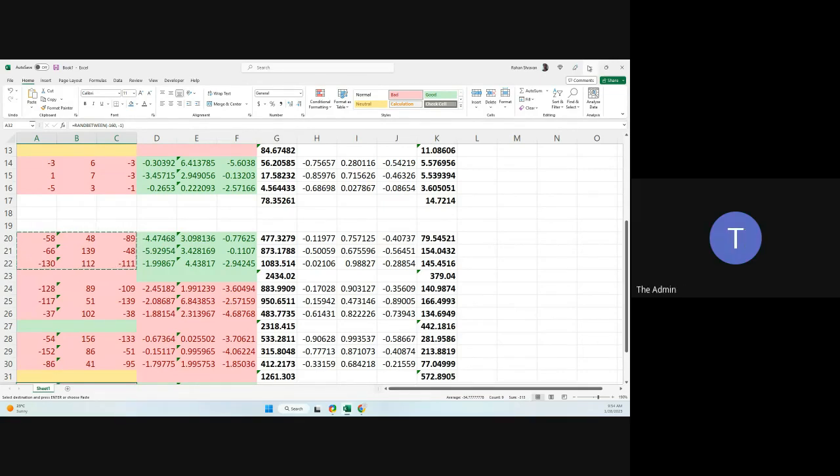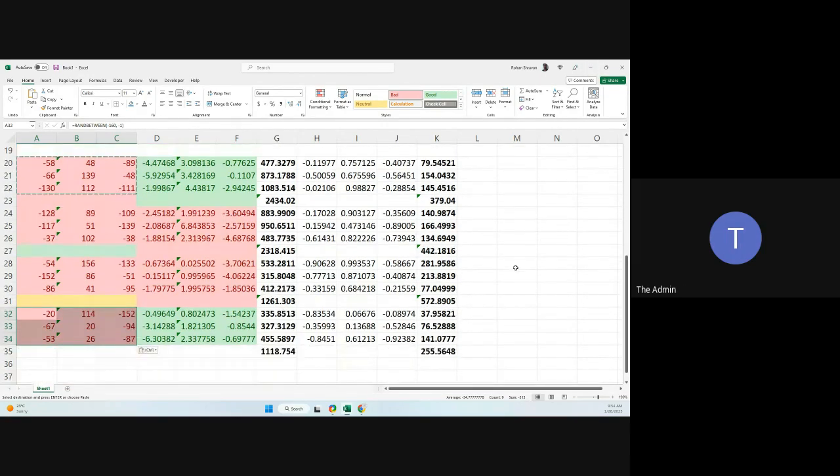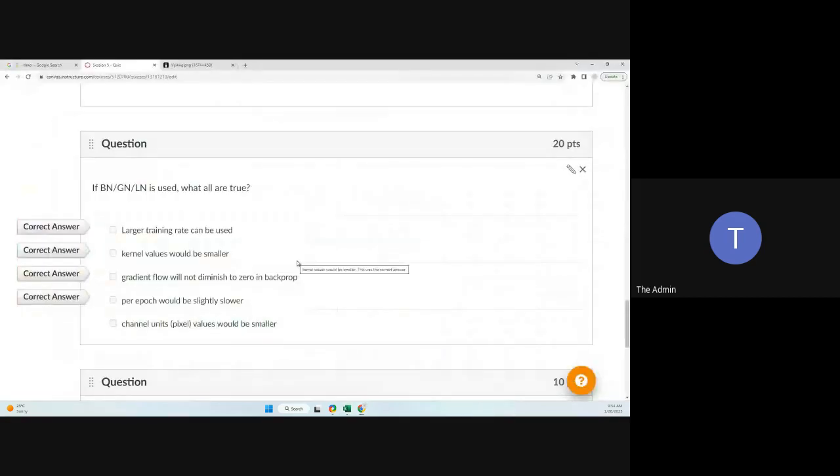Okay, I'm just thinking how else to explain this. So can we say like this, that if suppose an image has smaller numbers, we have applied some normalization and the image has ended up with a smaller number.